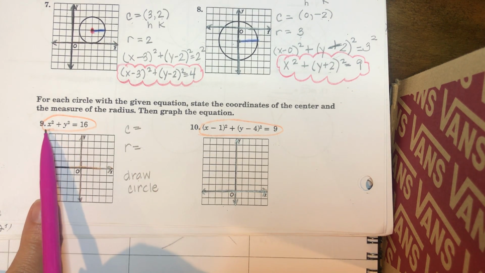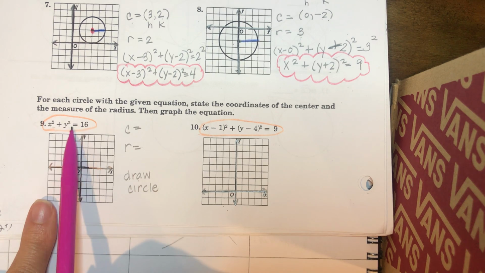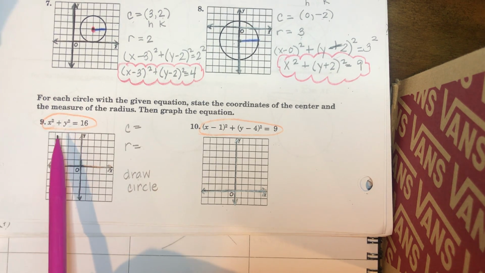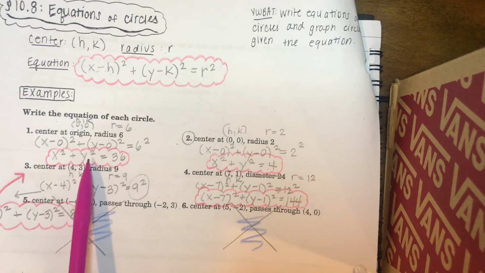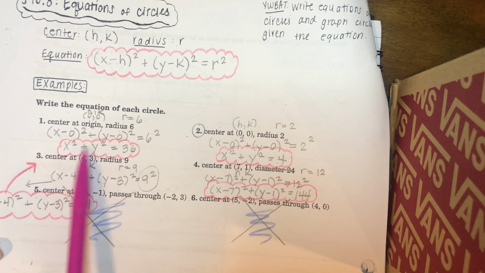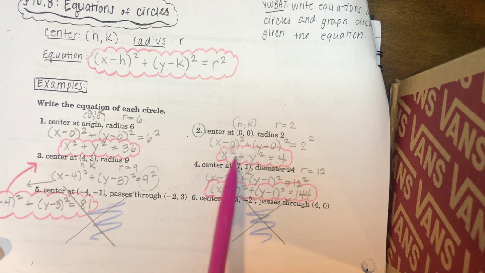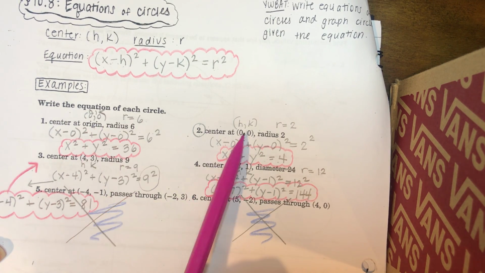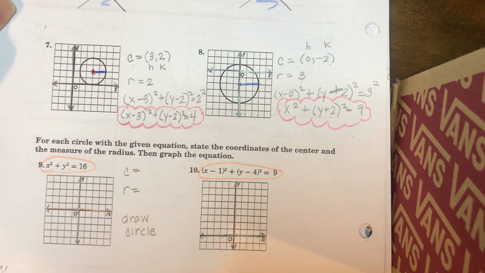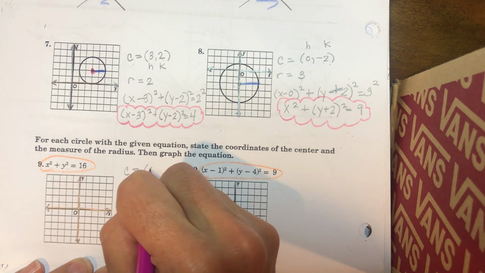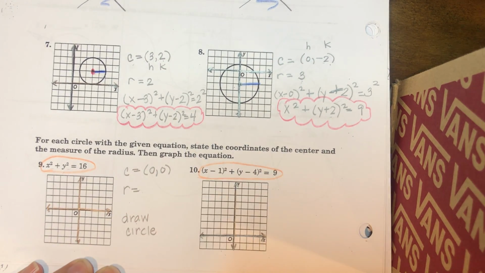So if we look at this equation, x squared plus y squared, are there any numbers with the x and the y? There aren't. Remember up here for 1 and 2, there were no numbers with x or y. Take a look at what my center point was. My center point's at the origin, so my center point for number 9 is 0, 0.